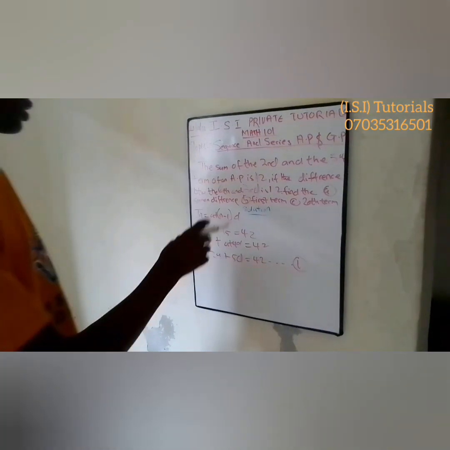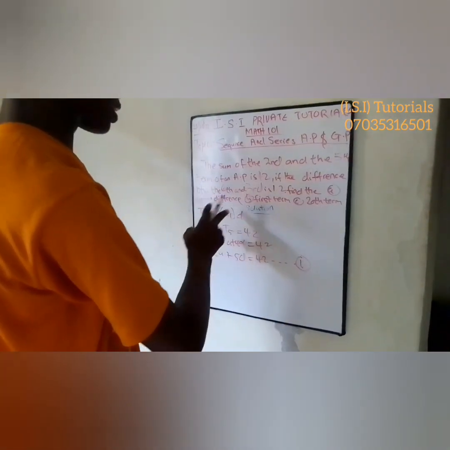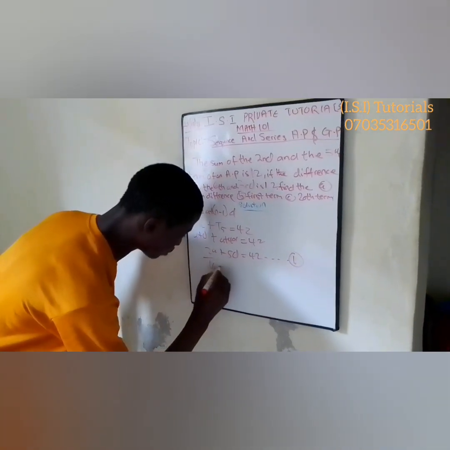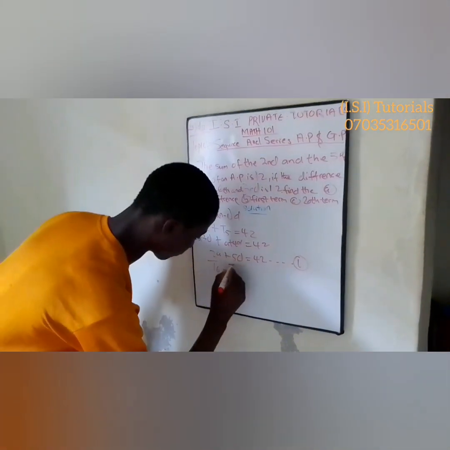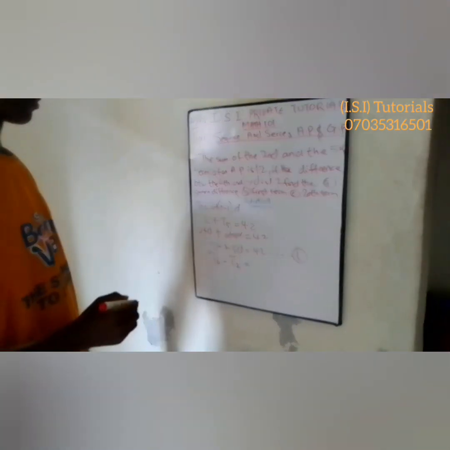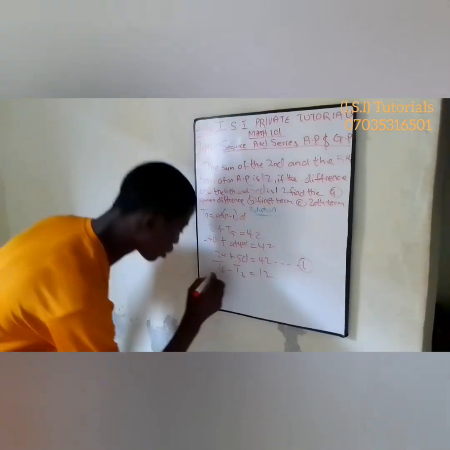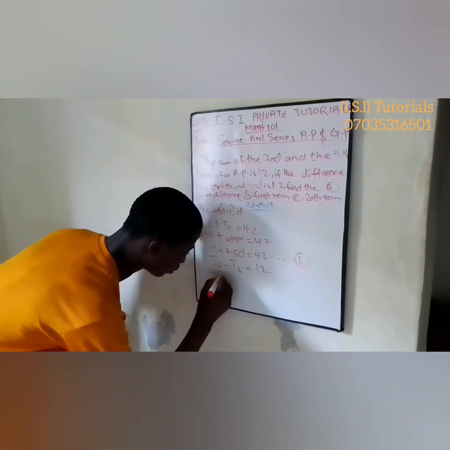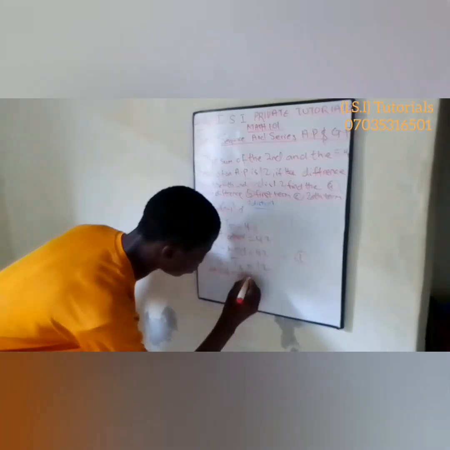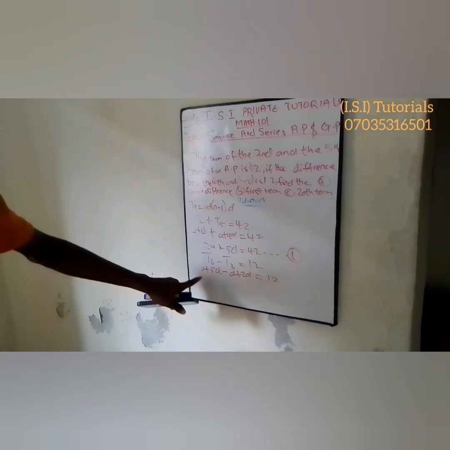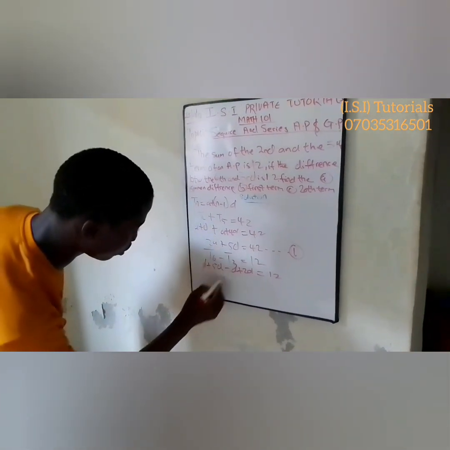The second condition says the difference between the sixth and the third term is 12, so we have T6 minus T3 equals 12. T6 is A plus 5D, minus (A plus 2D), equals 12.